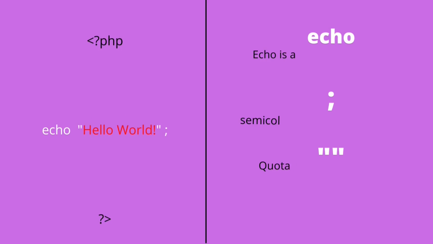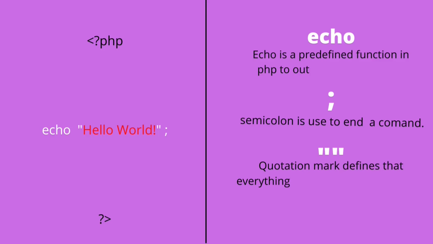Now, as the code to be executed, I am going to write a function which is echo. Echo is a predefined function in PHP to output data to the display. Now, what to display? I am going to display a string, which is hello world. Everything in between the quotation marks is considered a string. String is a data type in PHP and other programming languages. But every time we write a command in PHP, we must close it with a semicolon.